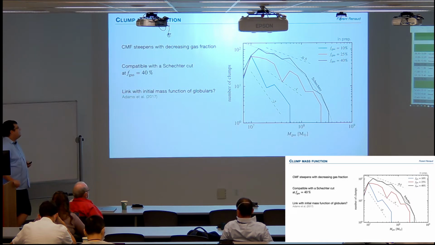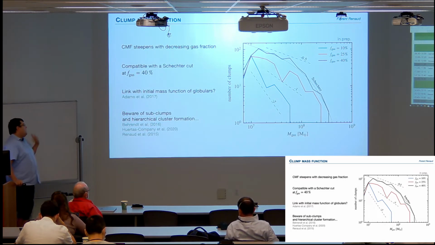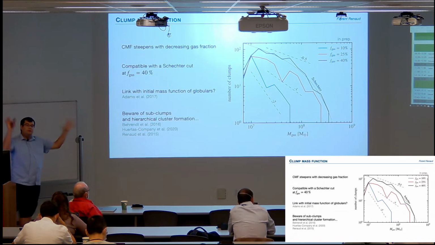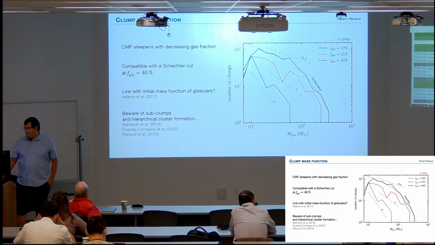Yet you have to be careful because subclumps exist. They might not all be resolved in our simulation, and also you can have a hierarchical structure of cluster formation where you merge different subclusters into a big one. So there are still many steps between linking the gas clumps to the star clusters.